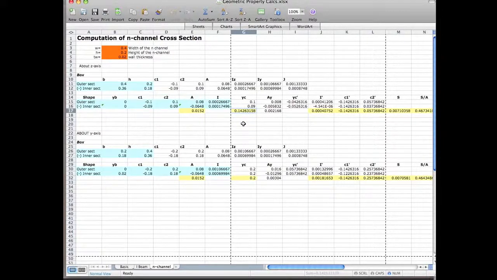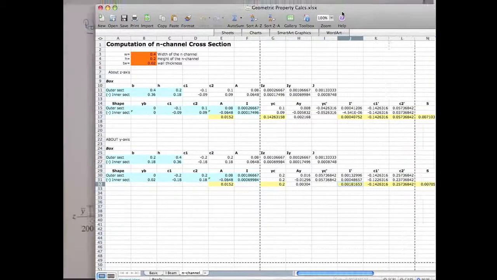This is for the bending around the z-axis. The centroid is 142 millimeters up from the bottom edge, and this is the I about the z-axis. About the y-axis, this is the I, and here's the centroid. It's right in the center. That's what you would have expected anyway.